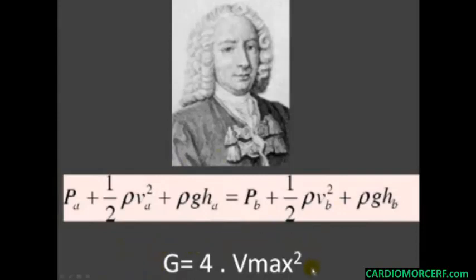Then, if you take only the important variables concerning blood as the fluid and the blood in circulation, this equation becomes the known G, or gradient, equals 4 times Vmax, maximum velocity, squared.